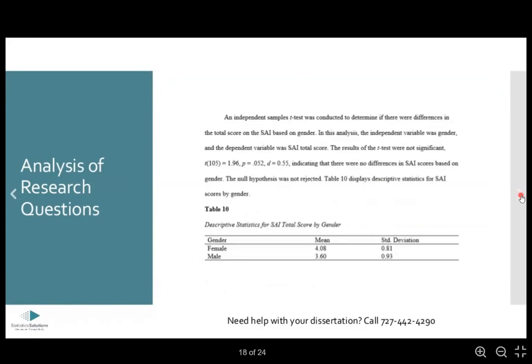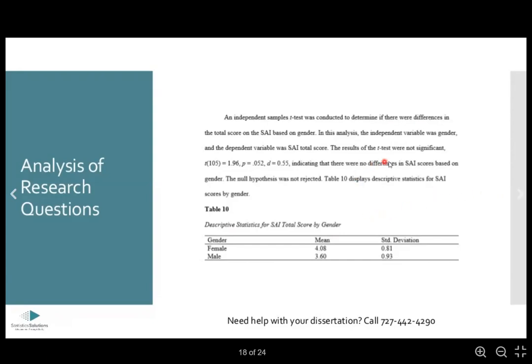Here, this person conducted an independent samples t-test, and they did this to determine if there were differences in this SAI scale based on gender. So our independent variable in this case is gender, and the dependent variable is the total score on the scale.